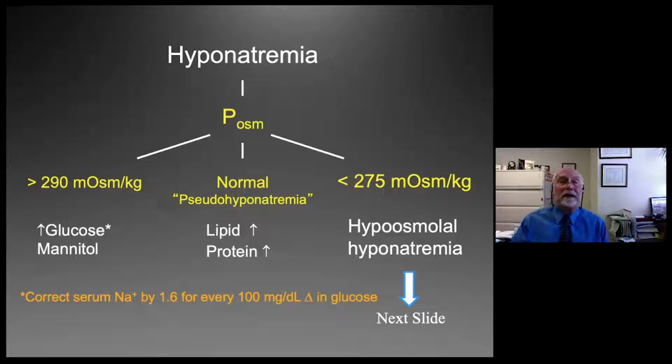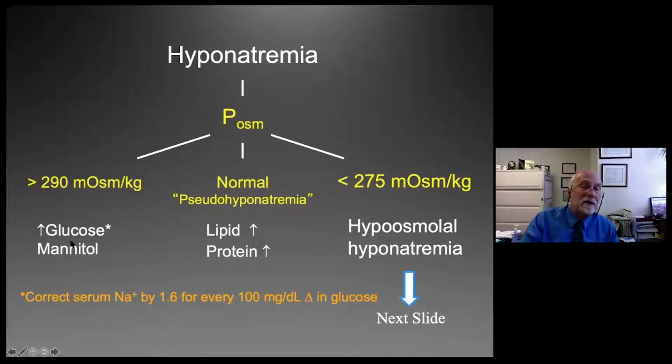So again, by way of review from the basic talks that we did earlier in the live session, hyponatremia should be thought of in three broad categories. And don't forget that you want to measure the plasma osmolality, because there are conditions of hyponatremia that are not hypotonic. So let's look at that.